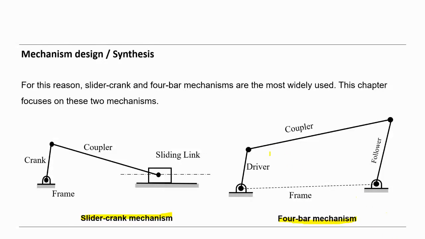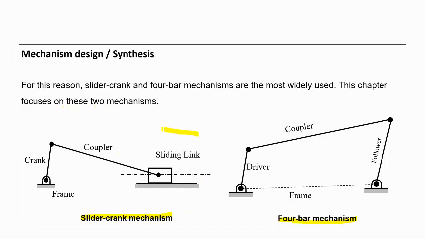Or 4-bar, that means it could be different. I mean the crank rocker and double rocker and so on. So for this reason, slider crank and 4-bar mechanism are the most widely used in industry. And that's the reason why we prefer to discuss these mechanisms. This chapter focuses on these two mechanisms.